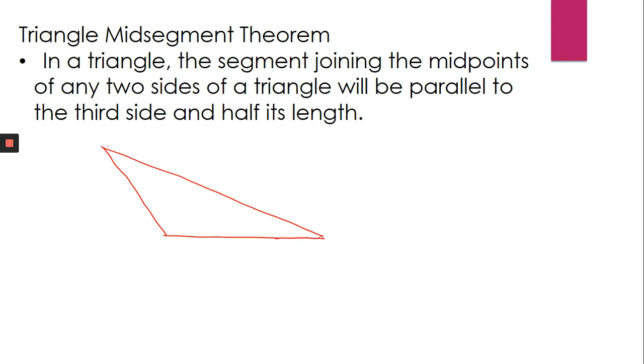Let's say this is triangle PQR, and point T is a midpoint of PQ, and point S is a midpoint of PR.